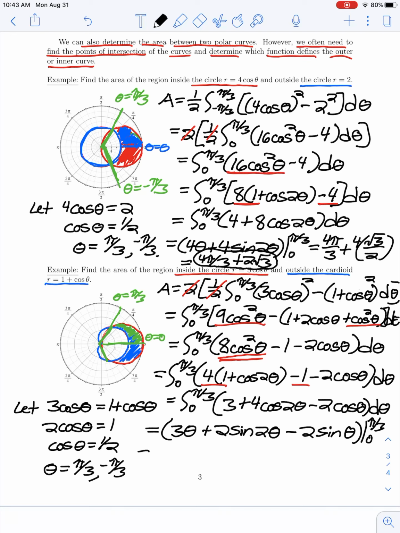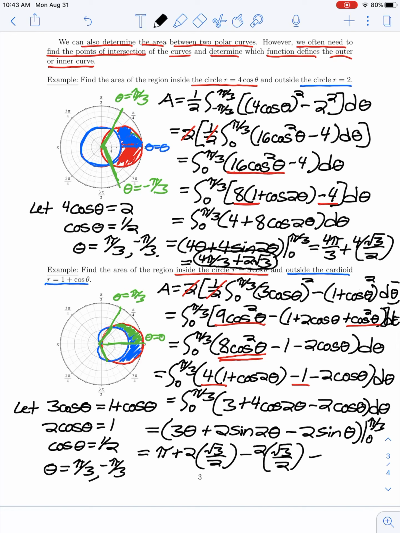Okay. So let's see what we get. Substituting in theta equals pi over 3, we have pi plus 2 times sine of 2 pi over 3 gives us a root 3 over 2. And then we have a minus 2 times sine of pi over 3, which is also root 3 over 2.